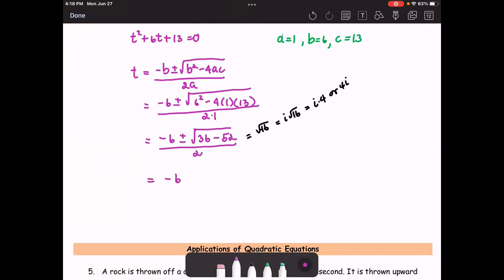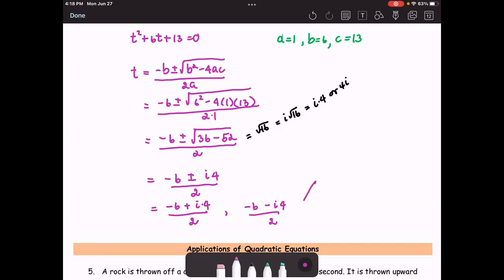Now we have negative 6 plus or minus 4i, or i times 4, all divided by 2. Or negative 6 plus i times 4 divided by 2, and the other one is negative 6 minus i times 4 divided by 2.